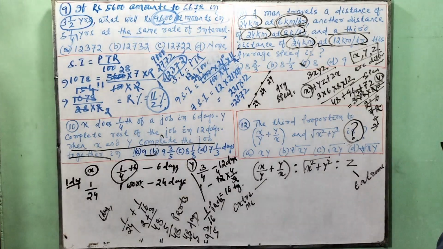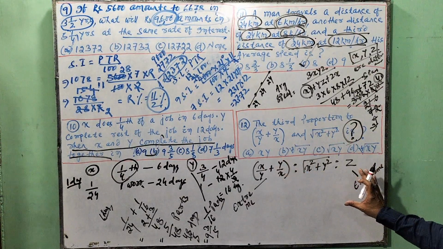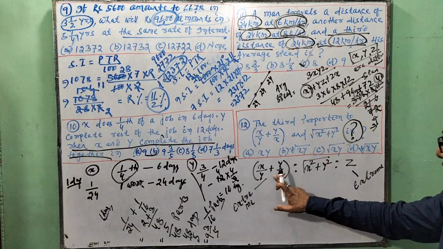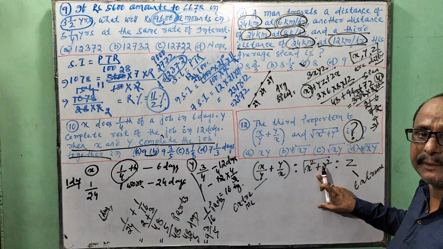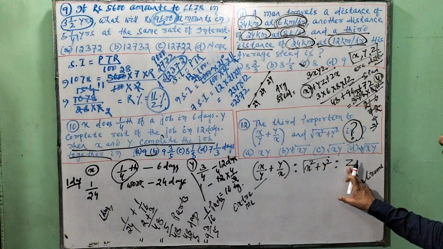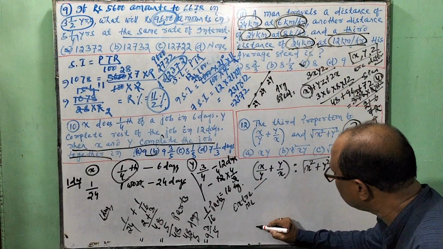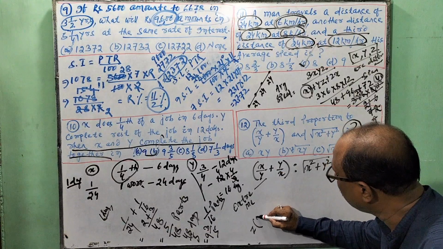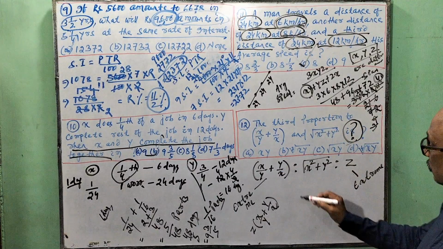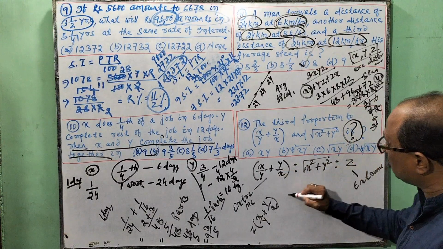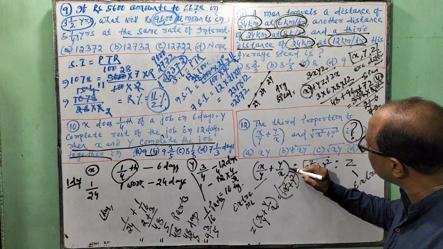If 3 quantities are in proportion, then the product of the extremes is equal to the square of the mean. So Z into x by y plus y by x is equal to the square of the mean.